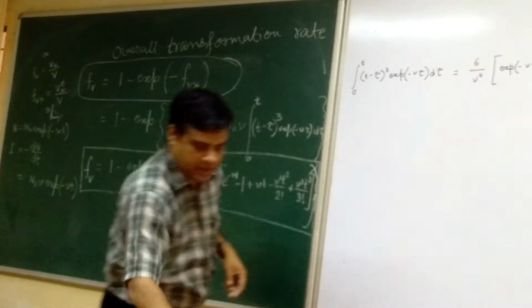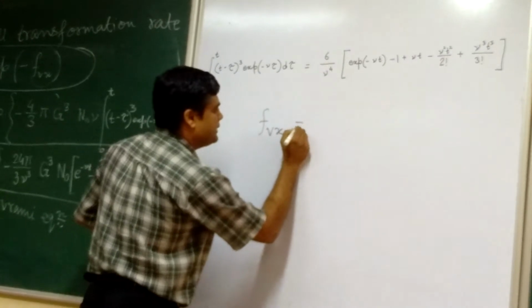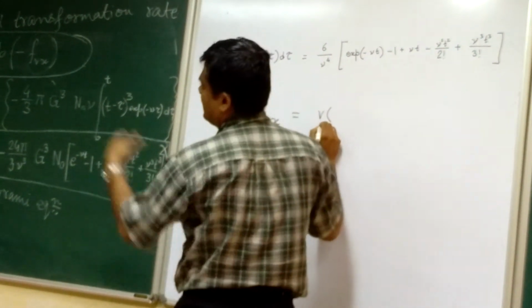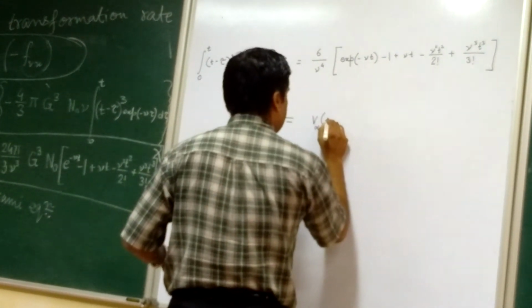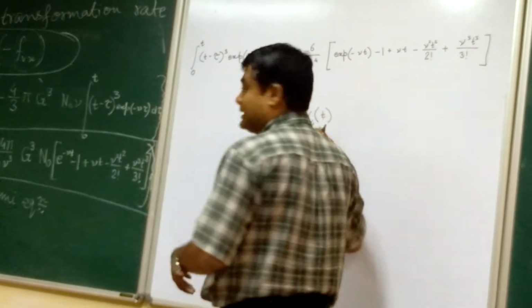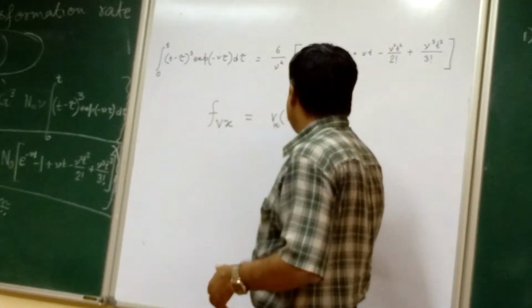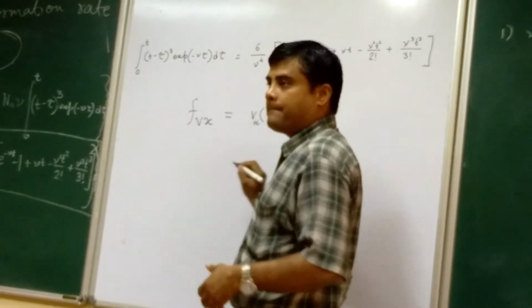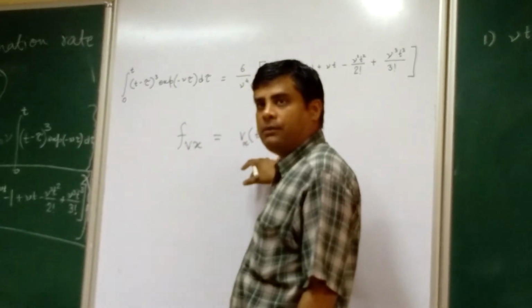And what is Fvx? How were we finding it? Whatever volume of the alpha phase we are talking about, after a certain time t, whatever the volume was, multiplied by I delta tau for the nuclei which formed at tau.